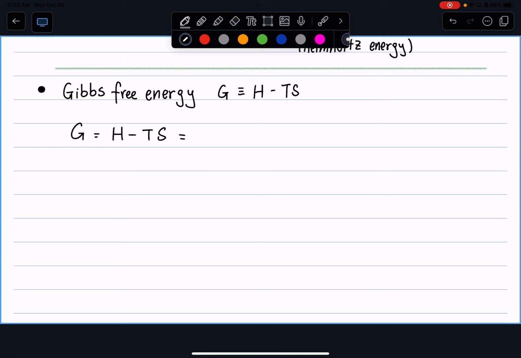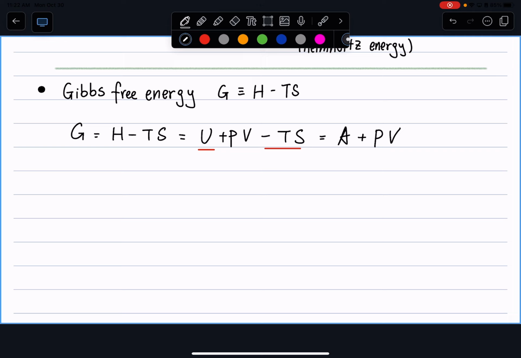So we can rewrite it as U plus PV minus TS. Your A equals U minus TS. So here, U minus TS gives you your A, plus PV. So what we're doing is just rewriting your Gibbs free energy in terms of your Helmholtz free energy, which we just derived, which is A plus PV, using all the definitions on the board.